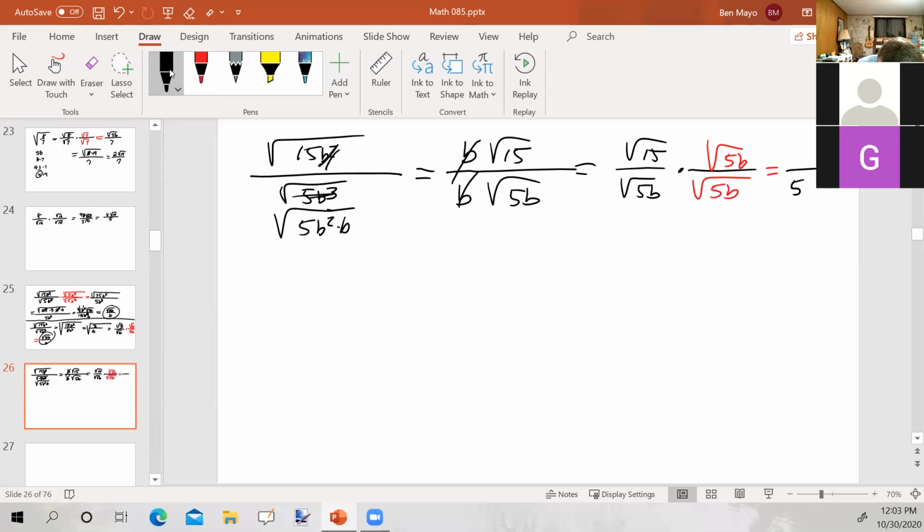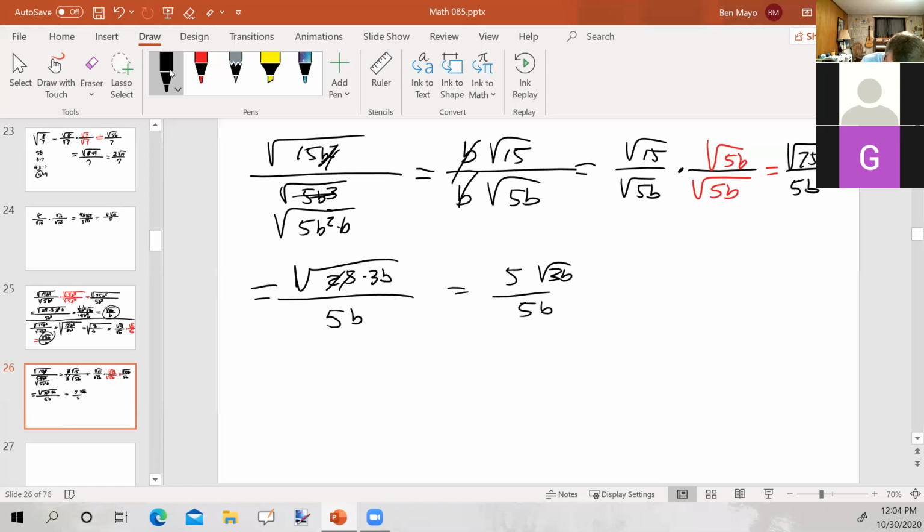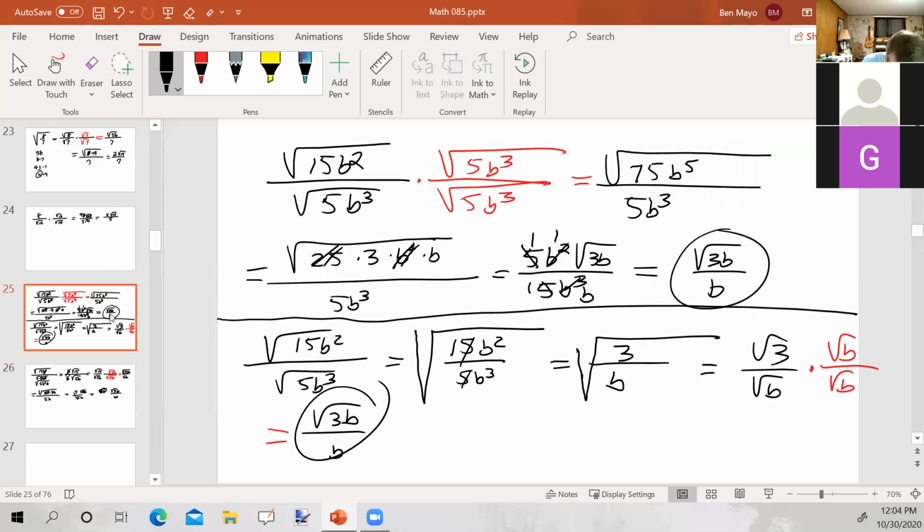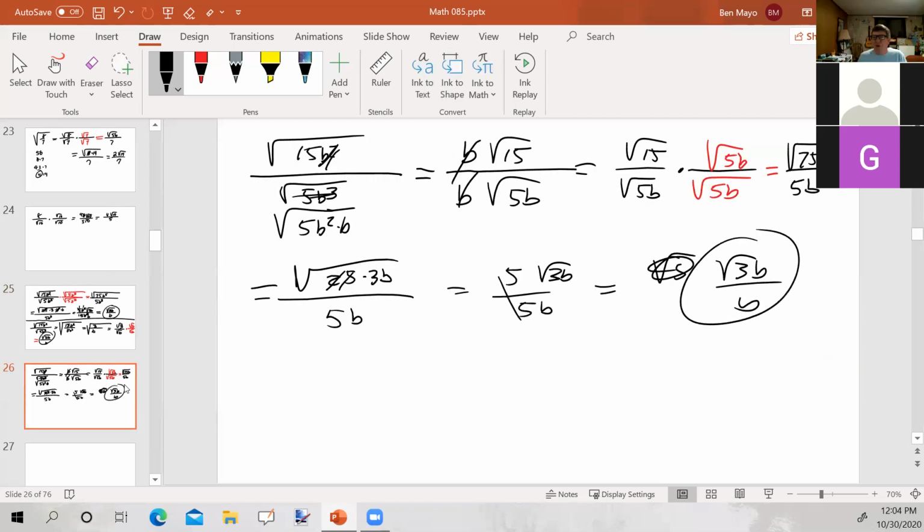So now I've got 5b in the denominator and the square root of 75b in the numerator, which is the square root of 25 times 3b over 5b, which is 5 square roots of 3b over 5b, which is the square root of 3b over b.